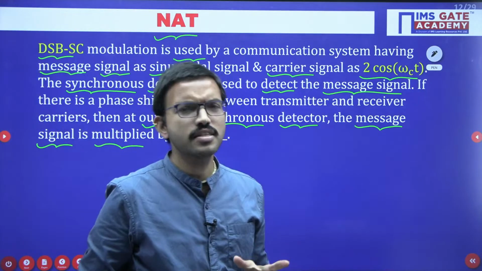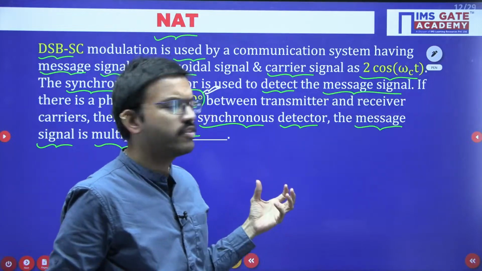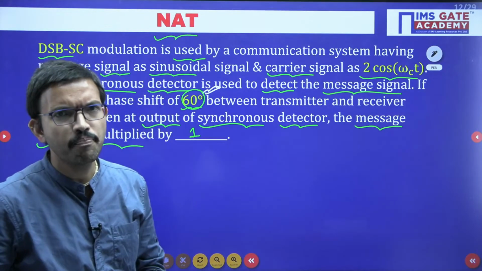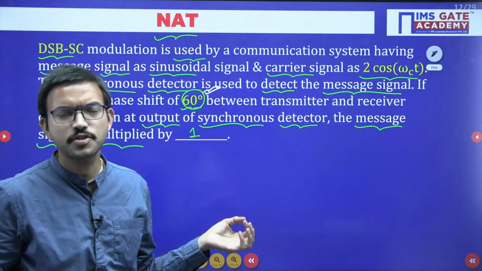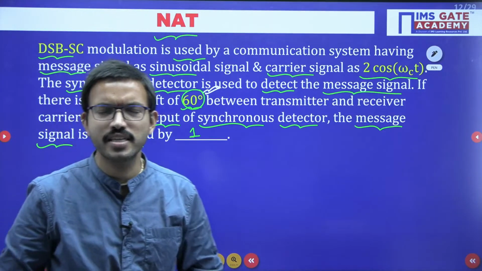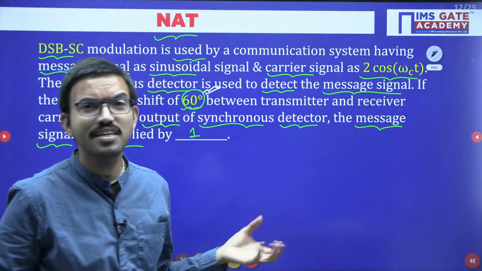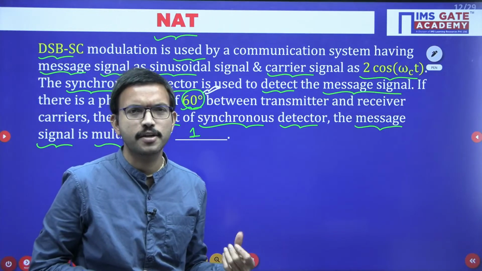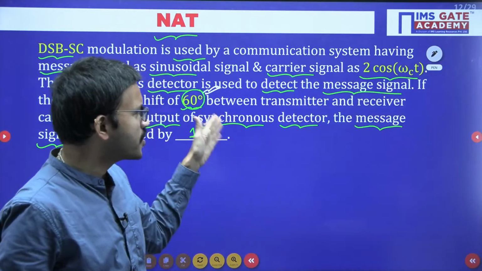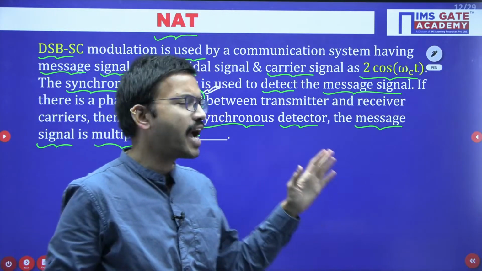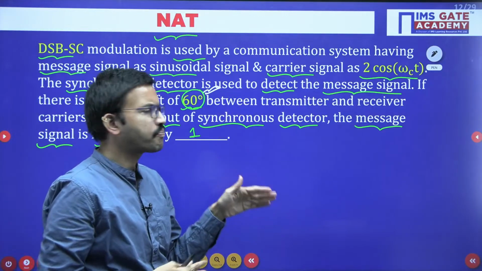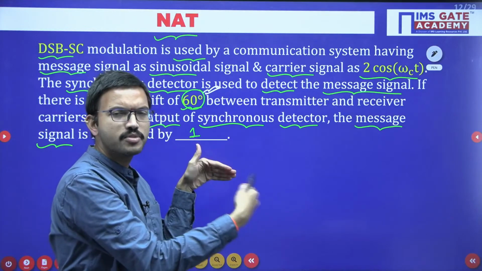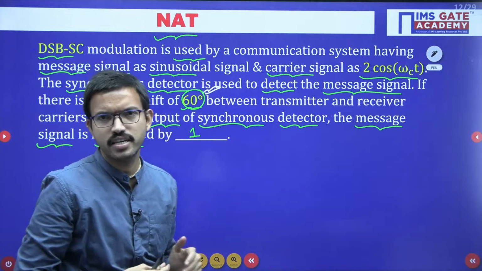In the last class also we have solved a variety of questions regarding DSB-SC without using pen and paper. Similarly, in this particular session also we have discussed various questions regarding DSB-SC, especially regarding detection or demodulation. Once you have the idea of the mathematical approach, look at the conclusion points with respect to the given question.